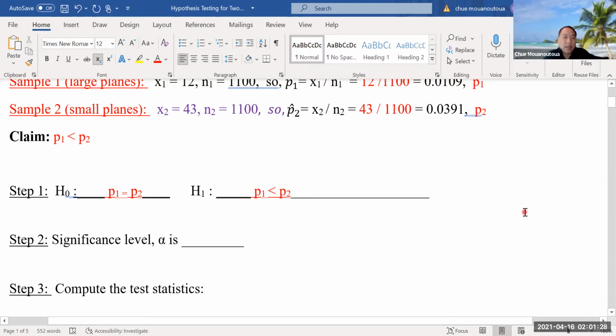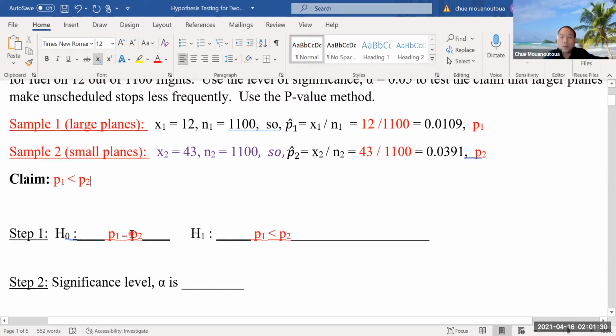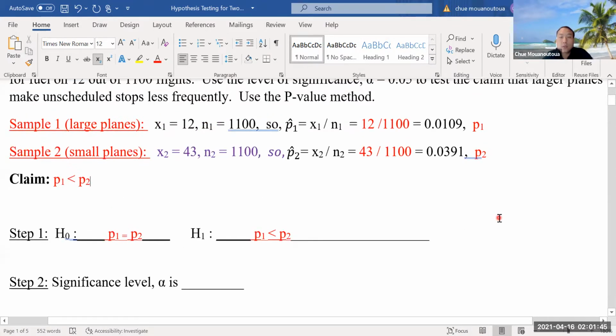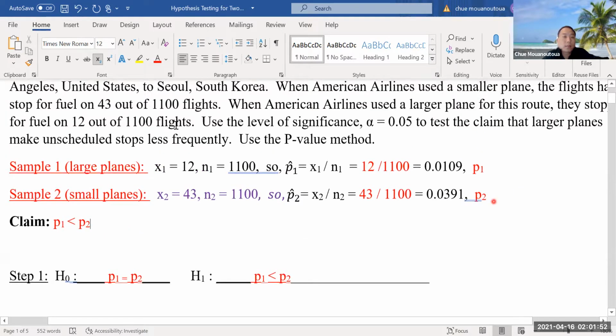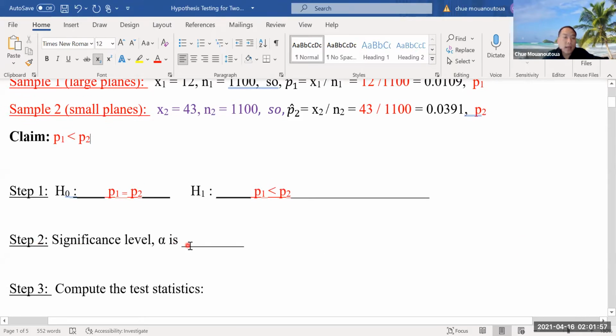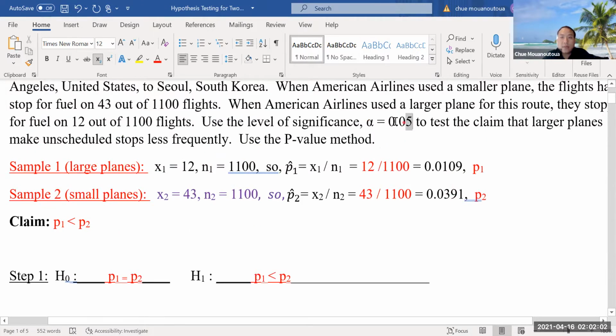We're comparing one sample to the next to make a prediction about those two related populations. All right. Step 2, alpha, is simply 0.05. That's easy.